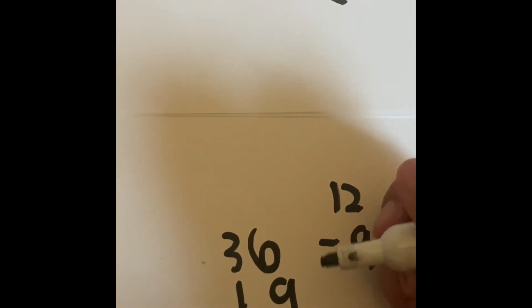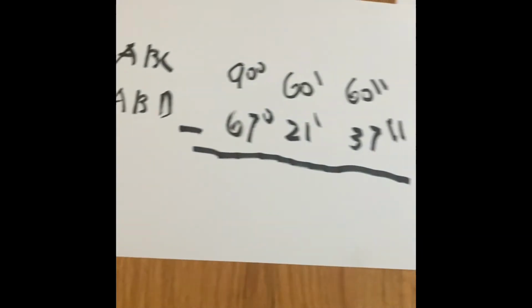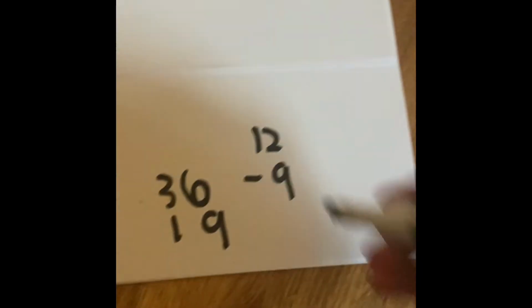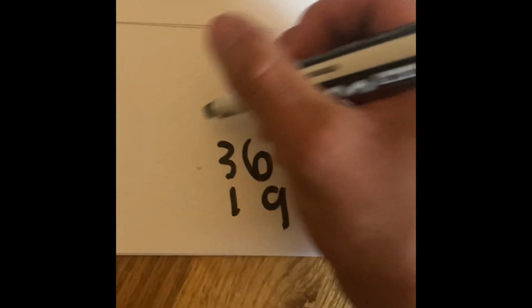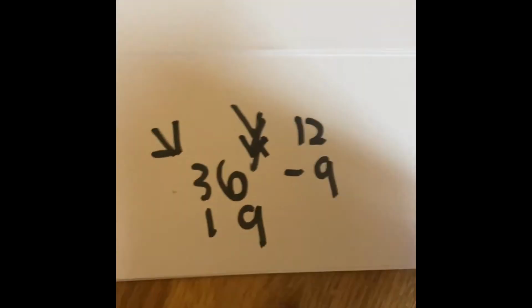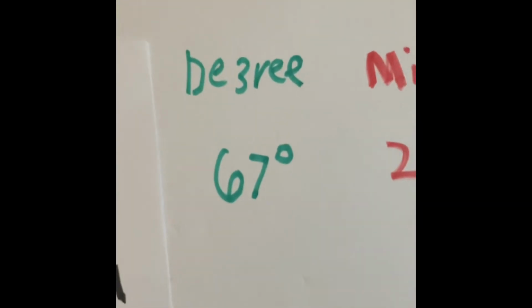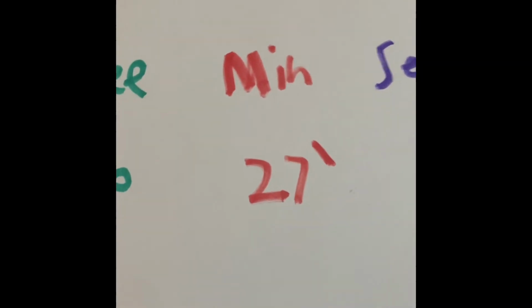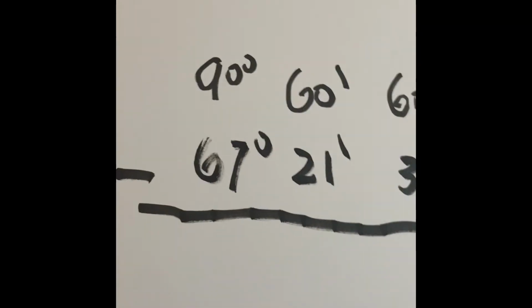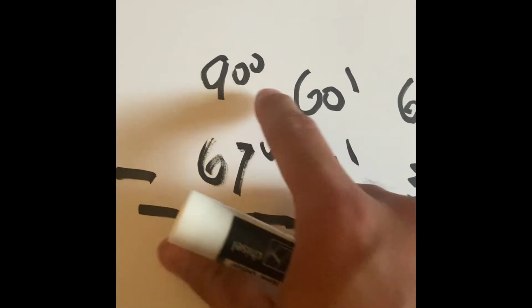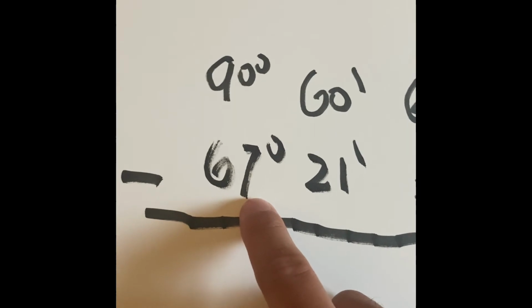Well, we do the same thing with this one, but instead of starting from the right, we have to start from the left, since we have degrees that can be transferred to minutes, which can be transferred to seconds.